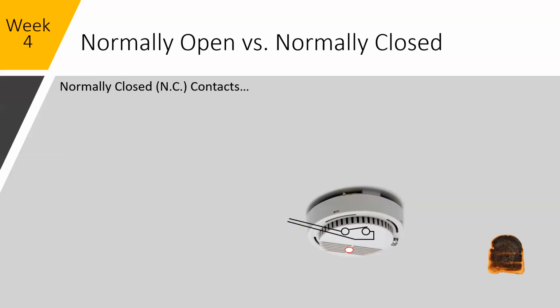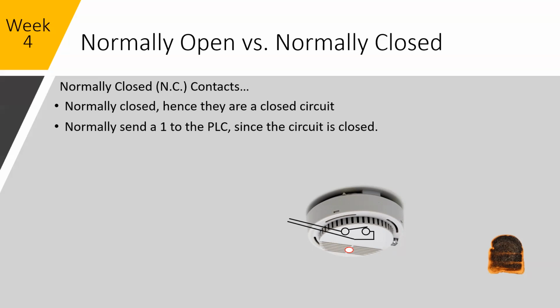Perfect. Normally closed. So we're looking at the opposite of normally open. So in their resting state, they are a complete circuit. So in this example here, we have a smoke alarm. So they will send a 1, or the input will be true in the resting state or the non-alarm state.